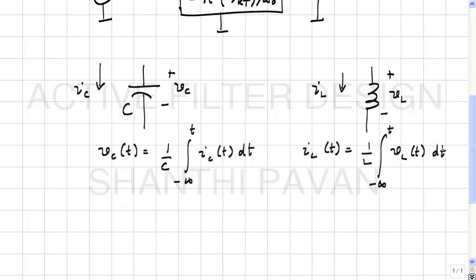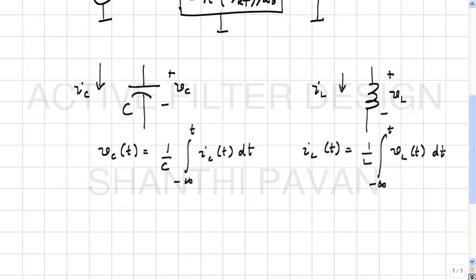We know the inductor V is L di dt, which is in integral form what I have written down below. Correct? So, if you stare at these two equations, what do you fundamentally notice? Both these elements are essentially performing the role of integration. However, the difference between the capacitor and the inductor is that in a capacitor, the current is integrated and you get a voltage, and in an inductor, the voltage is integrated and you get a current.